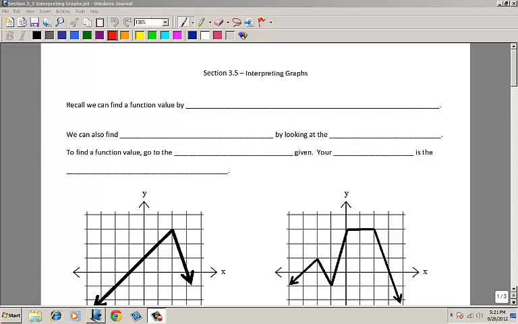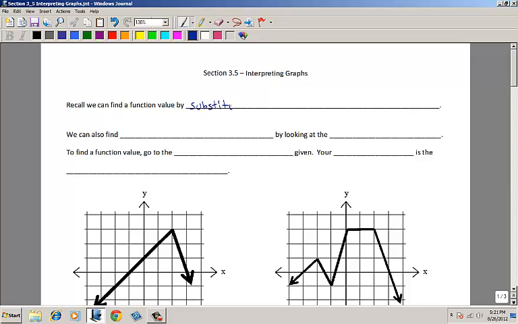This is section 3.5, Interpreting Graphs. Recall, we can find a function value by substituting a number or variable into our equation and simplifying.